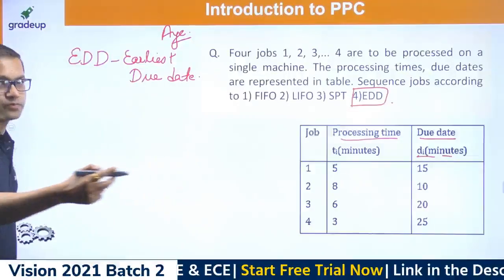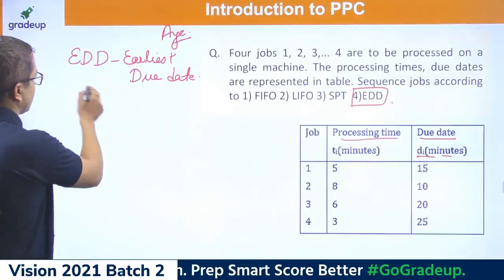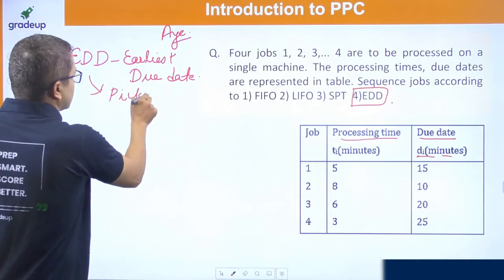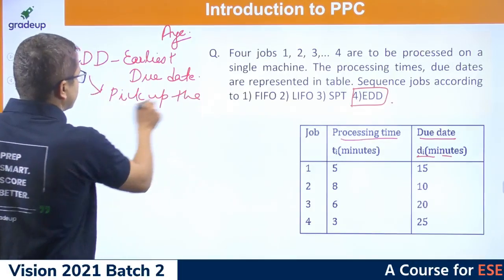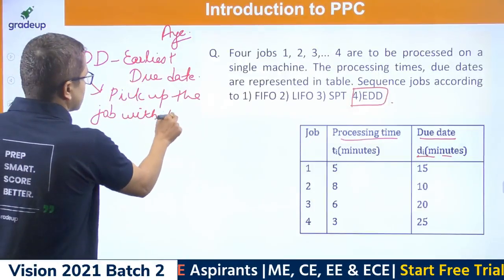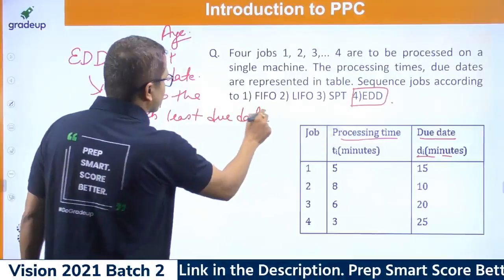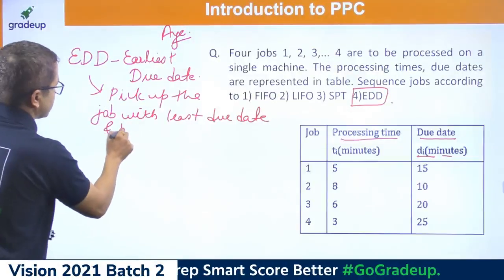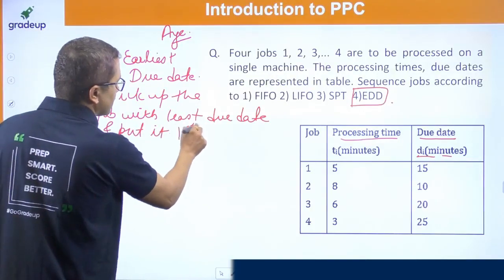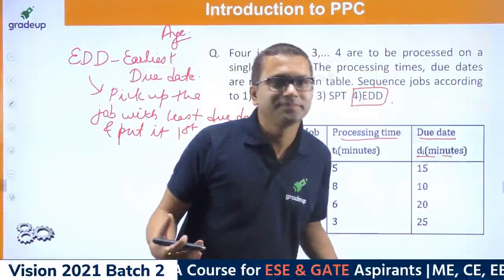What it says is, pick up the job with the least due date and pick it first or put it first. That's all. So which one of these has the least due date?